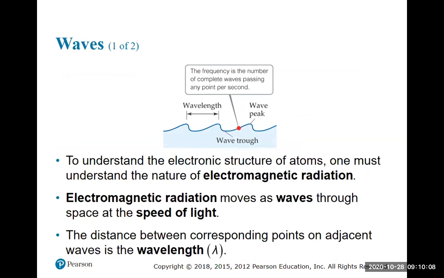So we talked about the concept of waves, and we talked about how waves pertain to light. And we mentioned that when we're talking about electromagnetic radiation, what we're talking about is light. So no matter what wavelength, doesn't matter, that's just what we're talking about. We also talked about light moves at the speed of light, and there's a constant for that.